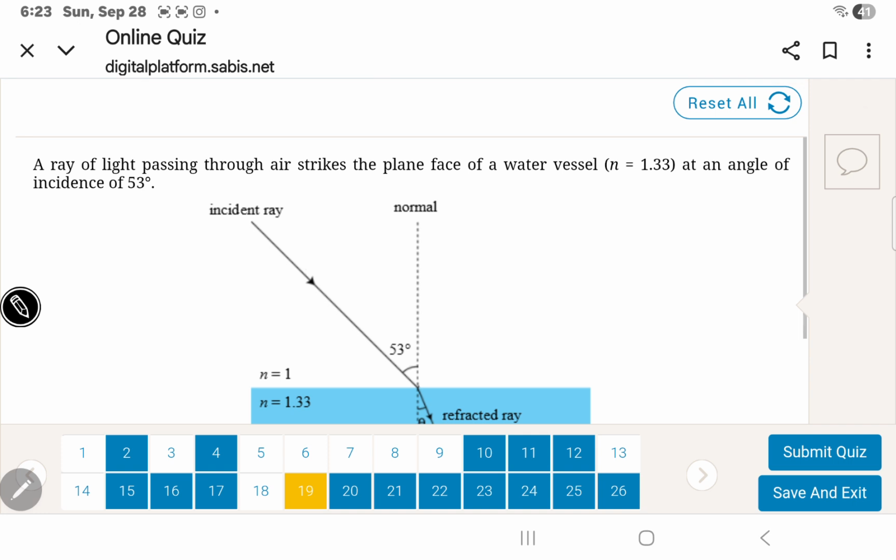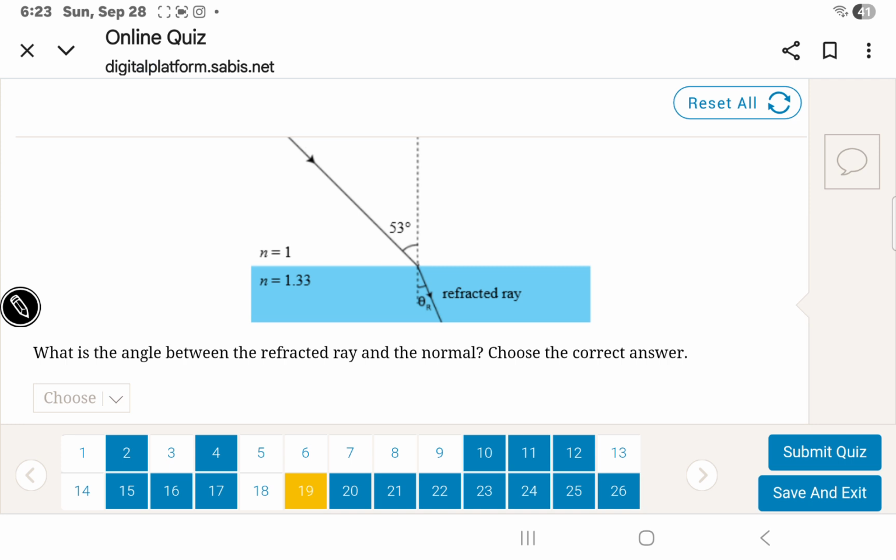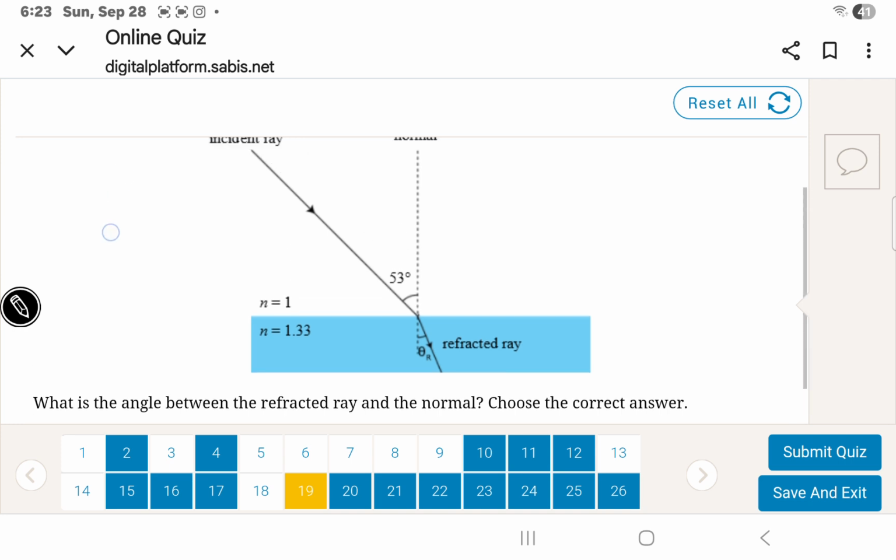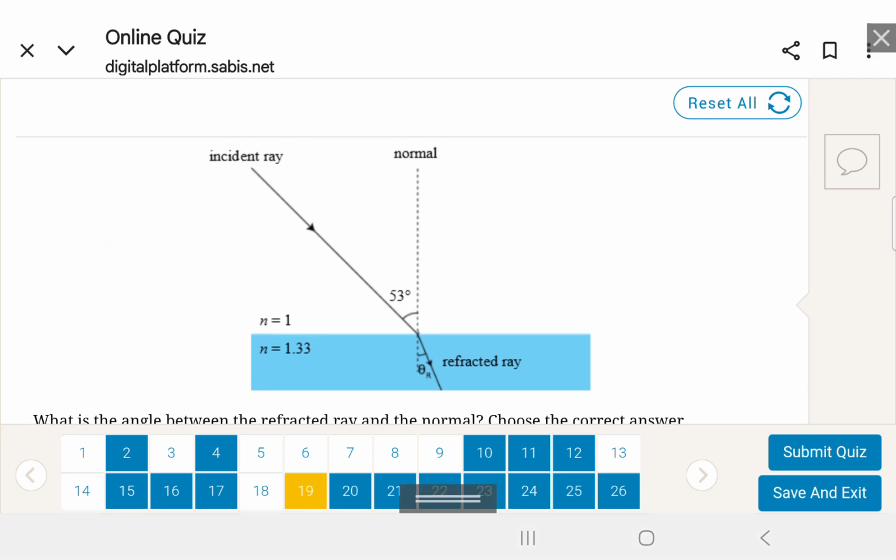Number 19. A ray of light passing through air strikes the plane face of water, refractive index 1.33, at an angle of incidence 53. What is the angle between the refracted ray and the normal? Again, here we use Snell's law. N1 sine i equals N2 sine r.